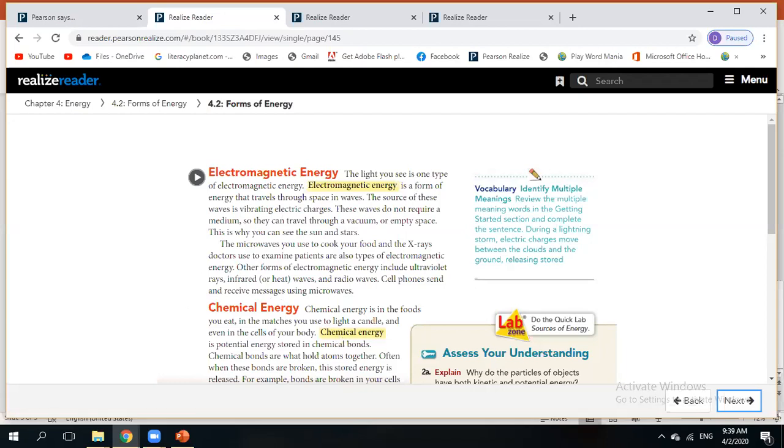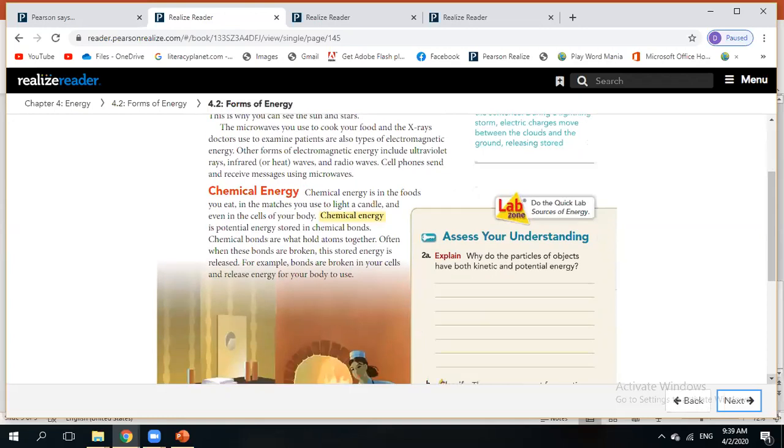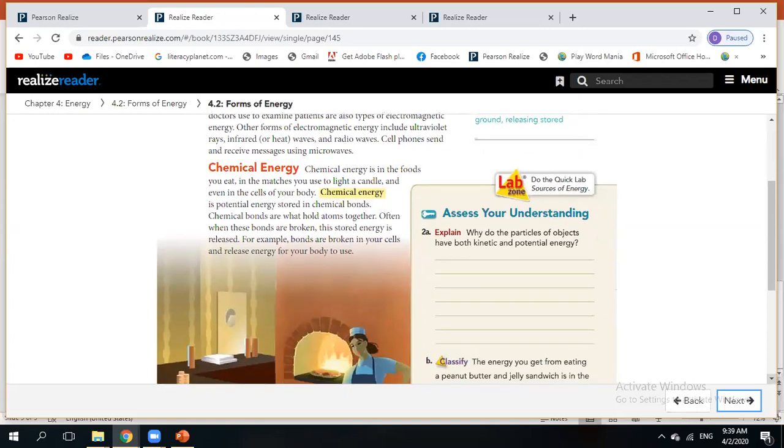Thermal energy is the sum of potential energy and kinetic energy of the particles of an object. What else? Nuclear energy is the energy stored inside the nucleus of an atom, and it can be released by nuclear reactions, either nuclear fission or nuclear fusion. Nuclear fission is splitting, nuclear fusion is joining, okay?